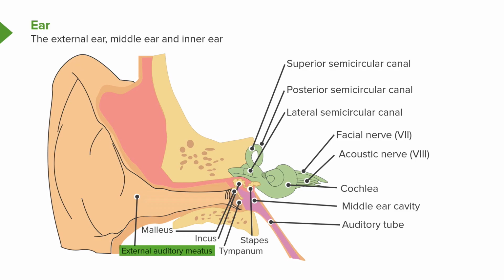The external auditory meatus is about 2.5 centimetres long. It is bound on the most lateral part by the pinna of the ear. And the very first third is supported by cartilage, and that cartilage blends with the elastic cartilage in the pinna of the ear. The skin lining the external auditory meatus has special glands in it called ceruminous glands.